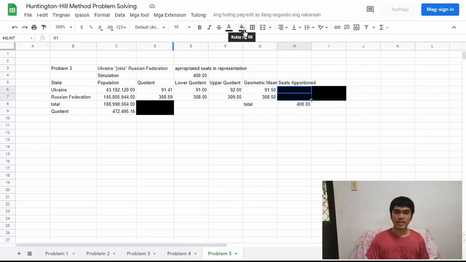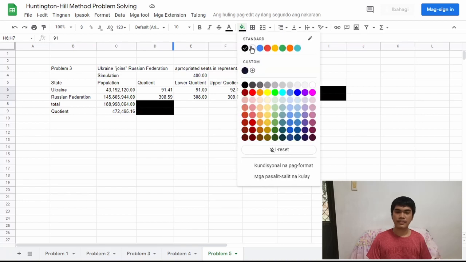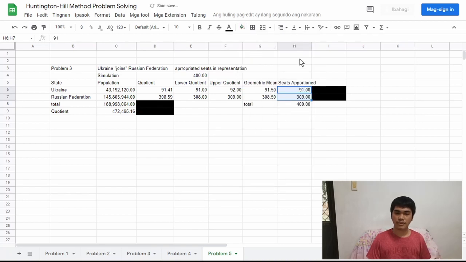So we will get the seats appropriated by comparing the two, which is higher and lower, and add if it is the quotient that is higher, and deduct if it is the geometric mean. So we will just round down.